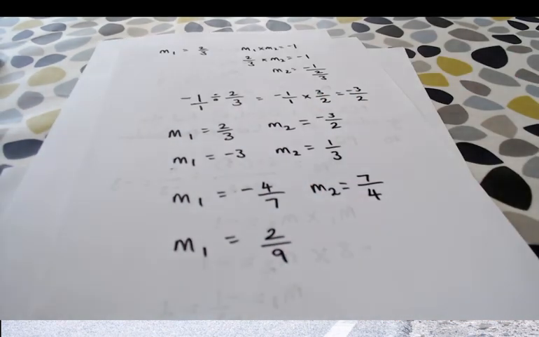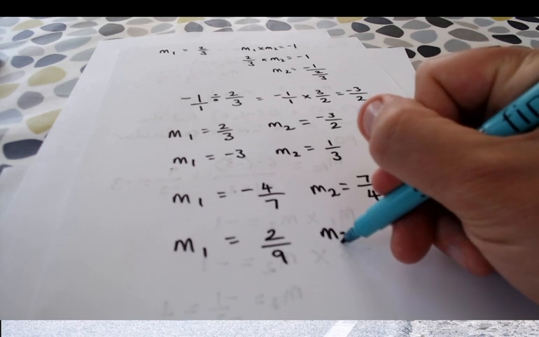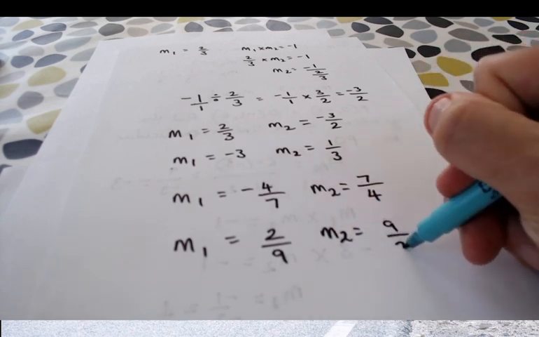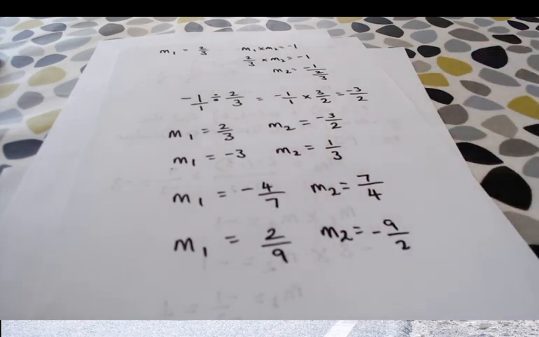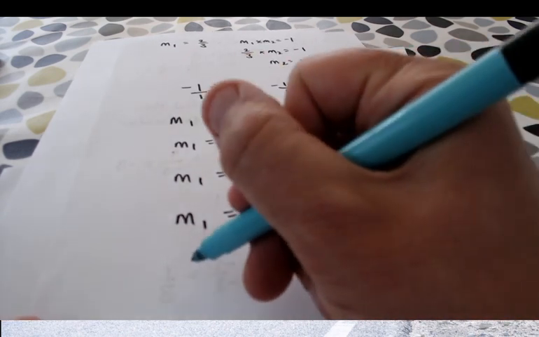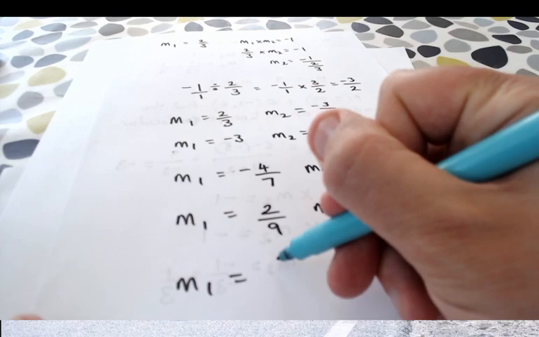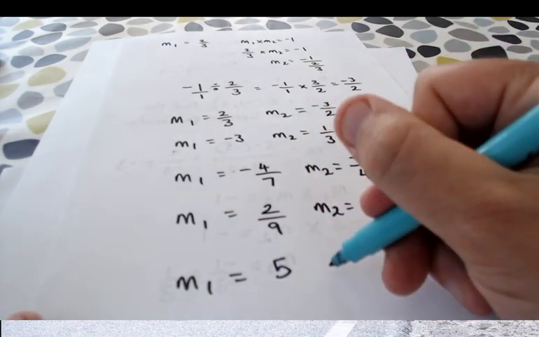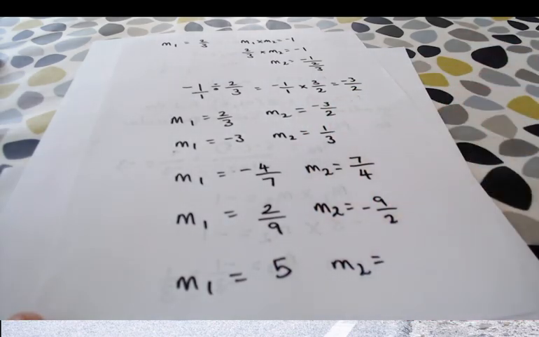If I had a gradient of 2/9, the perpendicular gradient to that would be negative 9 over 2. The only thing you need to watch out for is, say we have a gradient of 5, the perpendicular gradient.